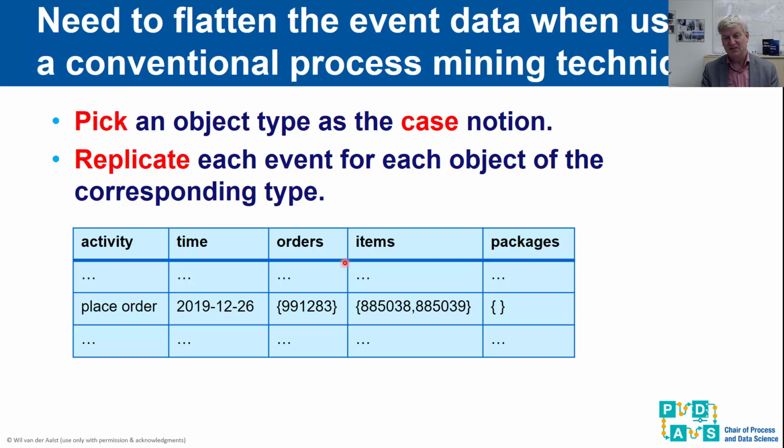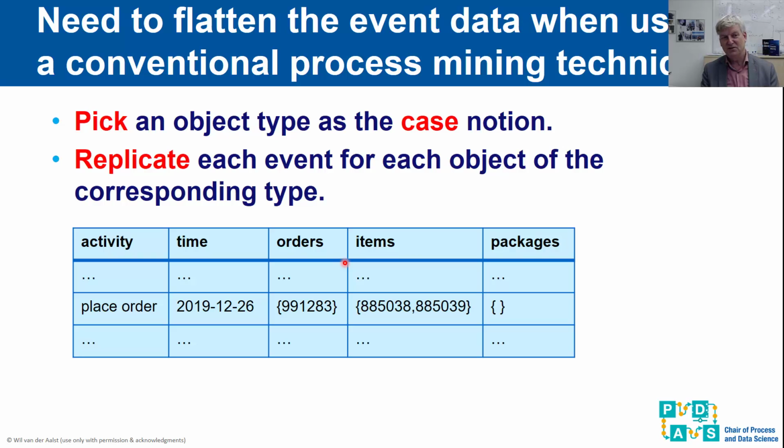So how to do this? This is what people are doing implicitly when they are writing SQL queries on database tables to extract an event log. Here I'm doing that explicitly, based on the intermediate format of an object-centric event log that I just introduced.